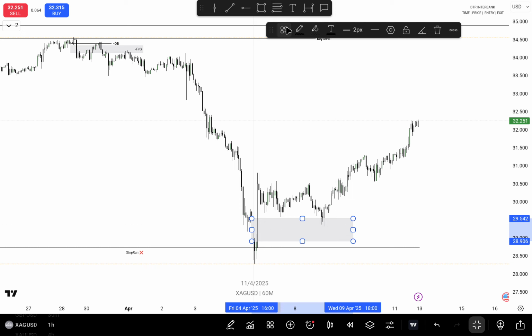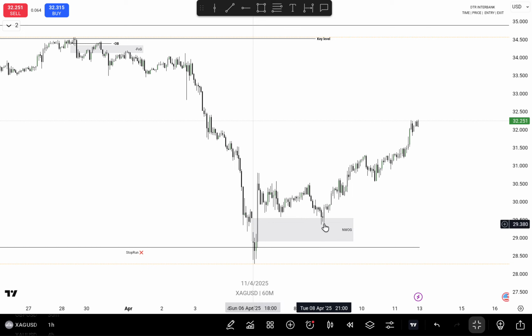I swear to God. So this is the new week opening gap, and then we return back into it because this is meant to be filled. You can't just leave something like this. And there is a fair value gap here. There is a new week opening gap here. This is a balanced price range. You understand?